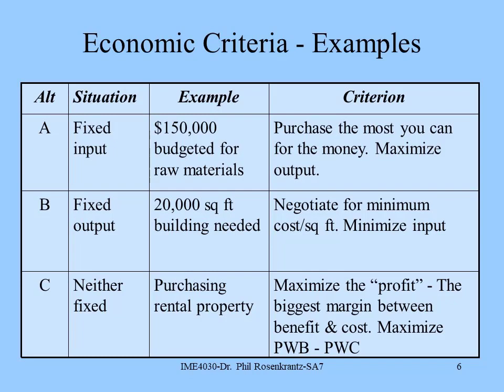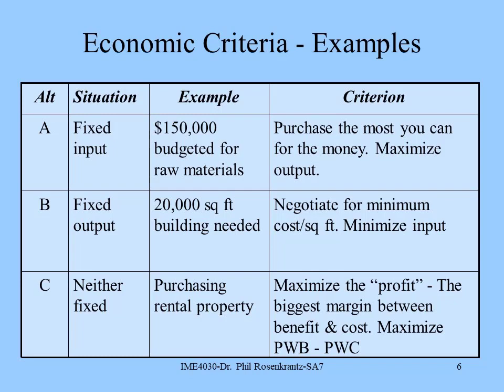Fixed output, alternative B, is where we have a fixed outcome or a fixed benefit that we're trying to achieve. For example, let's say that we're trying to purchase 20,000 feet of building space for a manufacturing facility. Now, why 20,000? Well, we've done our facilities layouts.